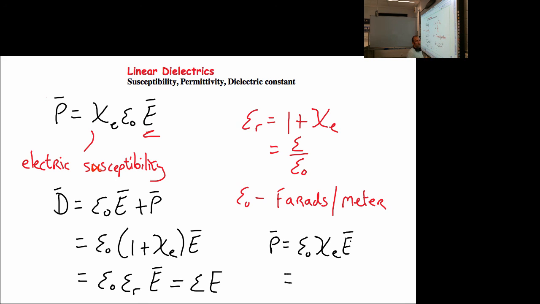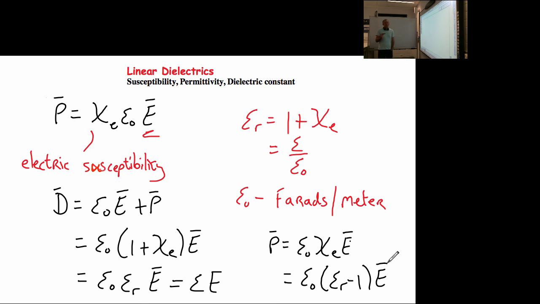And now we can write this out in terms of the relative permittivity: P equals epsilon naught times (epsilon r minus 1) times the electric field. I should also mention that the relative permittivity, of course, is also called the dielectric constant of the material.